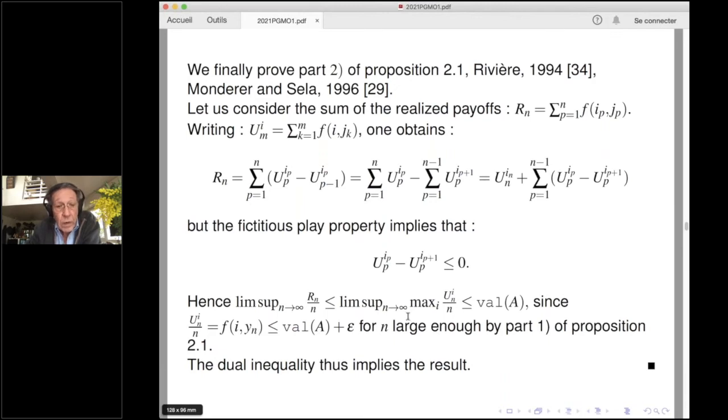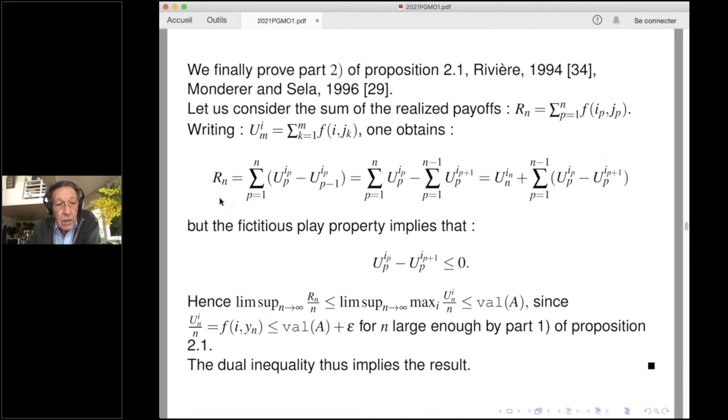So this average payoff is smaller than the value for the limsup, but you have the dual result saying that the liminf will be greater. So it implies that the average payoff on the trajectories converges to the value.